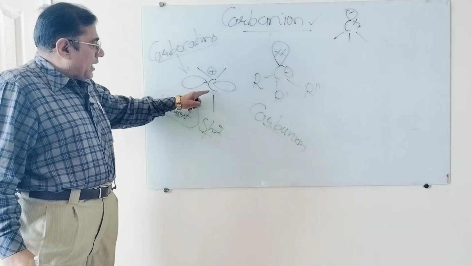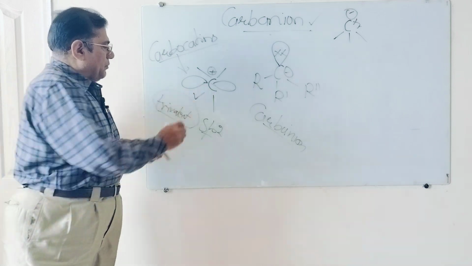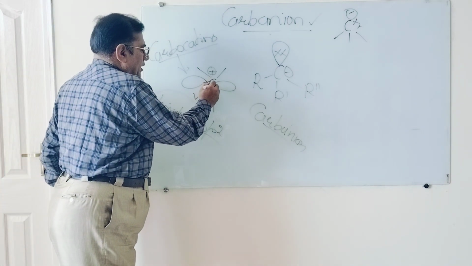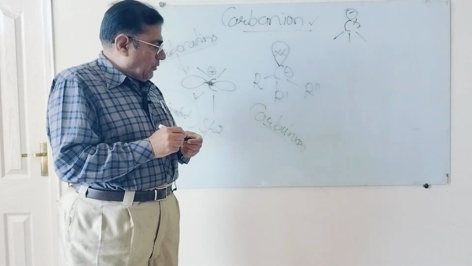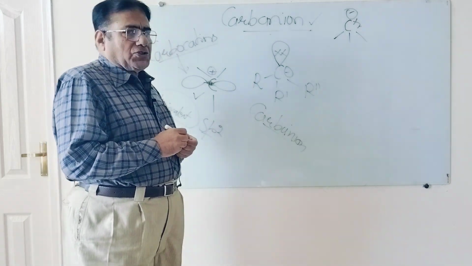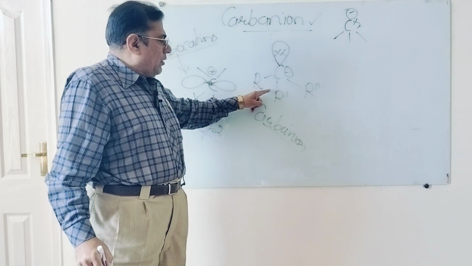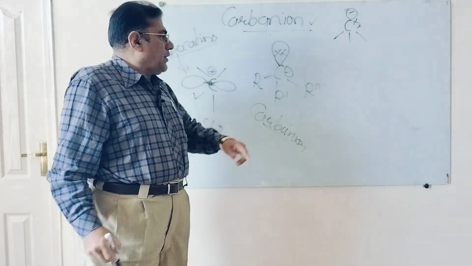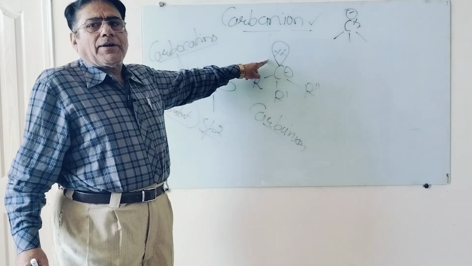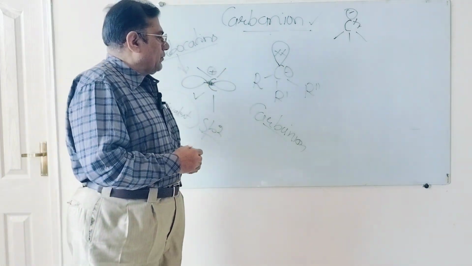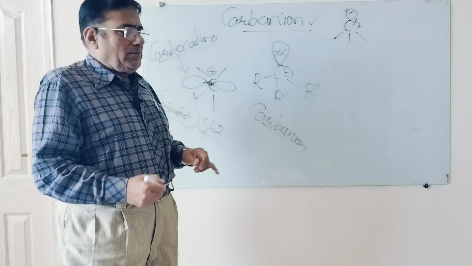Please see, in carbocation, this is an unhybridized p orbital. Here I am looking at four hybrid orbitals. Three are making bonds with either an alkyl group or hydrogen, but the fourth sp3 hybrid orbital has one lone pair of electrons.